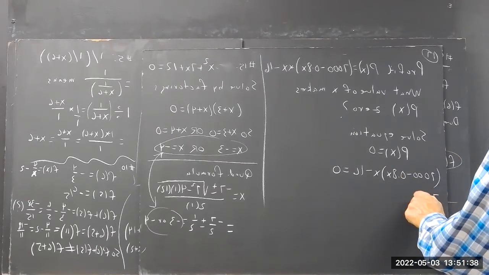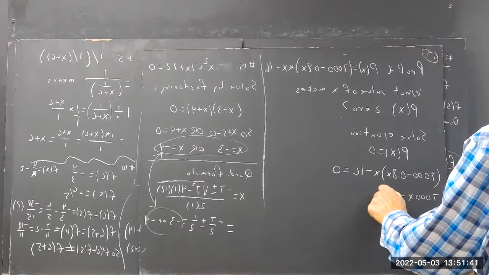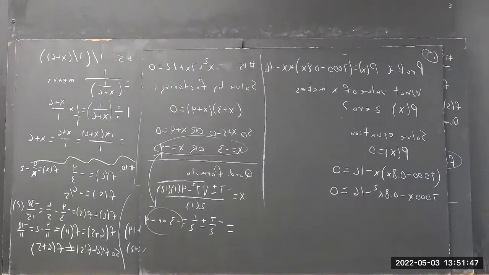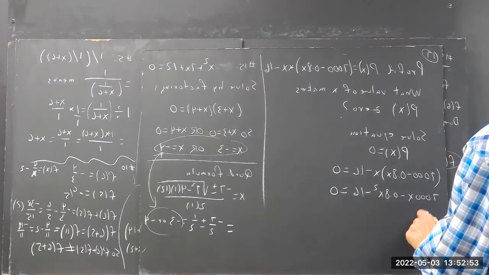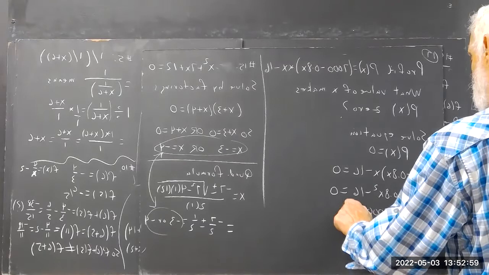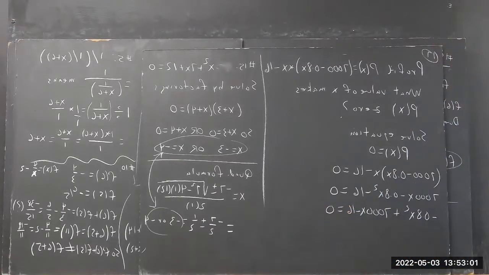You get 7,000x minus 0.8x squared minus 16 equals 0. Now I'll give you a chance for glory here. As soon as I say Paul. Okay. So very good. I asked, and somebody identified this as a quadratic equation. Because you can put it in the form negative 0.8x squared plus 7,000x minus 16 equals 0. Okay.